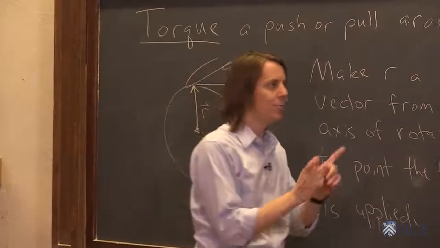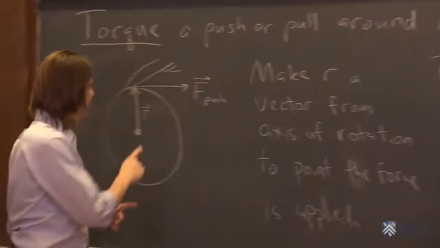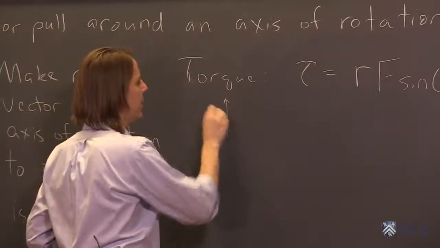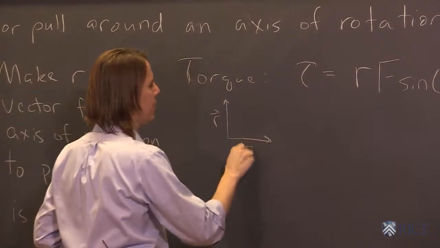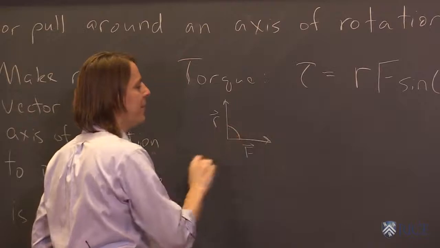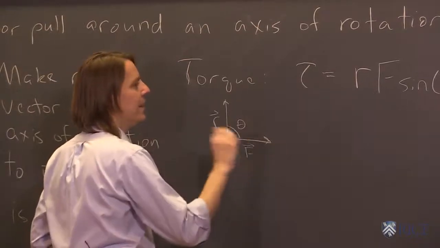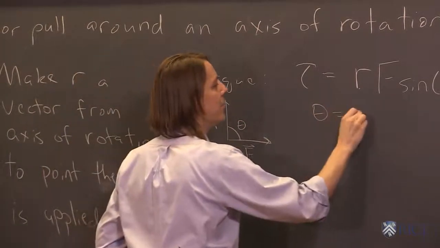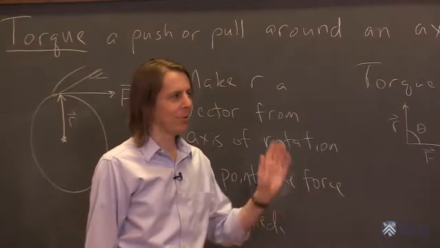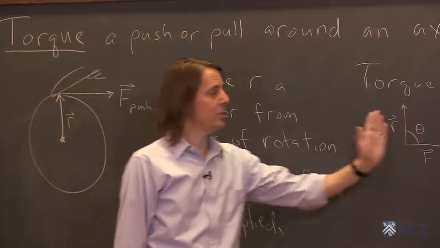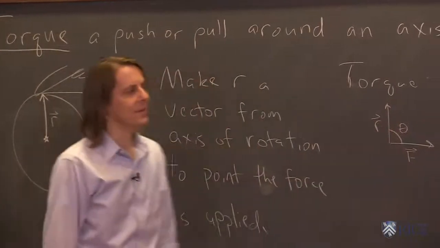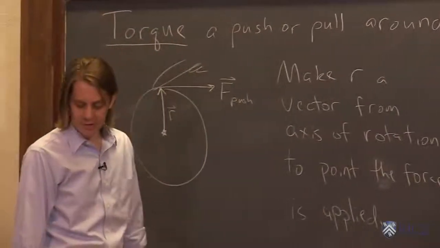It means the angle between the two vectors. So in this case, we would draw and say R is up, like that, and F is this way, like that. So the angle from R to F is what? It's theta. But in this case, theta equals minus 90 degrees. If you're doing your angles properly, remember, clockwise is negative. So we had to move 90 degrees, and we moved clockwise 90. So technically, that theta is negative 90 degrees.